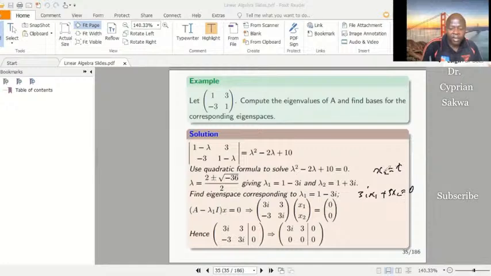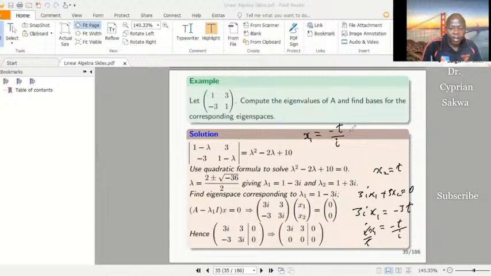But if we say let x2 be t, that means 3i x1 is equal to negative 3t, or that i x1 is equal to negative t. But you can make x1 the subject, dividing by i on both sides, and find that x1 is negative t out of i.